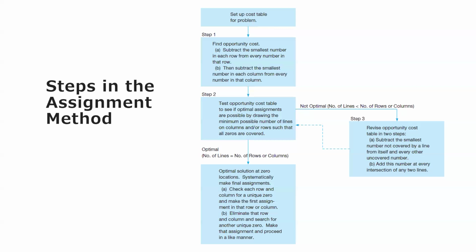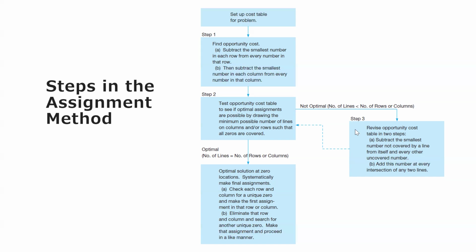Otherwise, we get the optimal solution. If the solution is not optimal, with the number of lines less than the number of rows or columns, we repeat step 2.